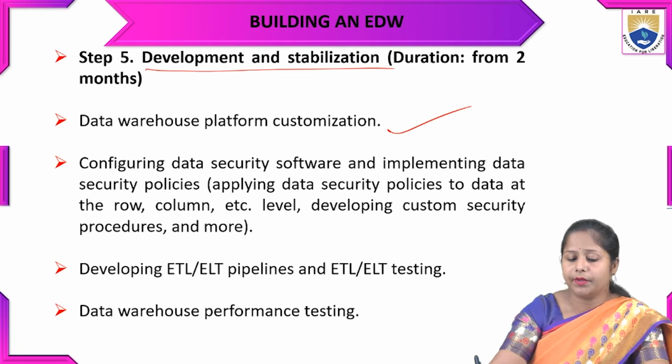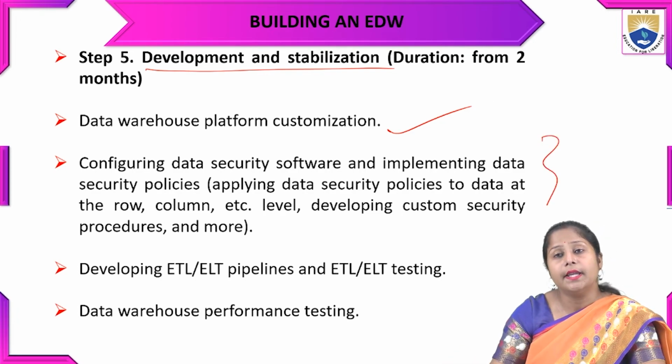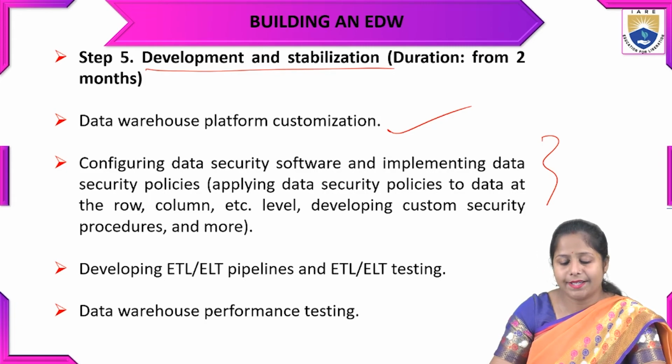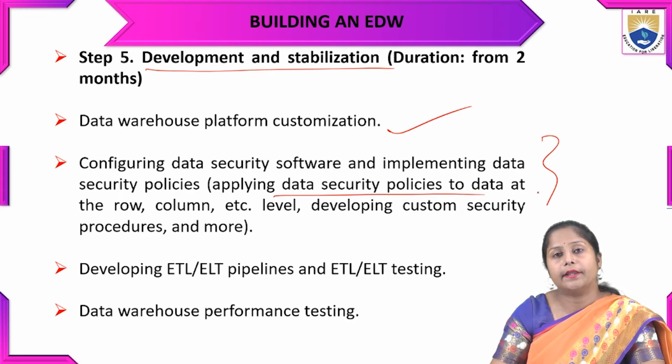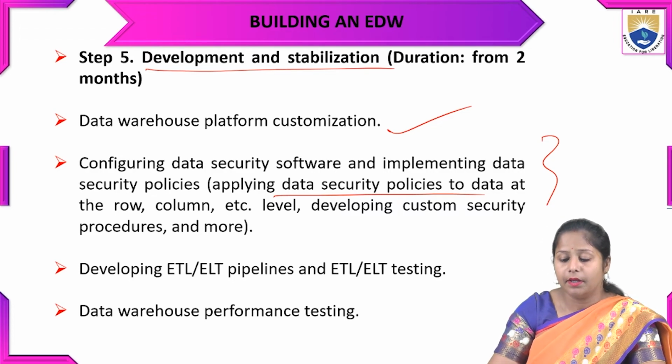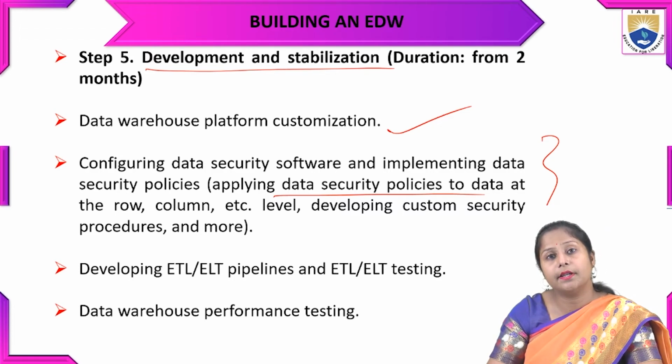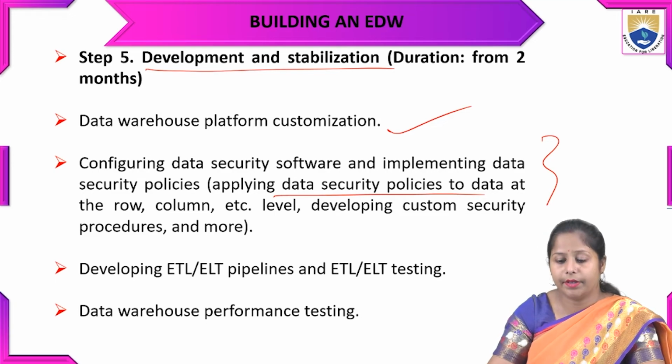Next, we have to configure the data security software and implement the data security policy. So what policies are there? Applying the data security policy to the data at the row level, at the column level, etc., and developing custom security procedures. So we have to take care of that here.